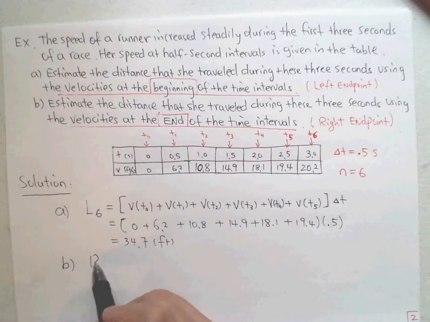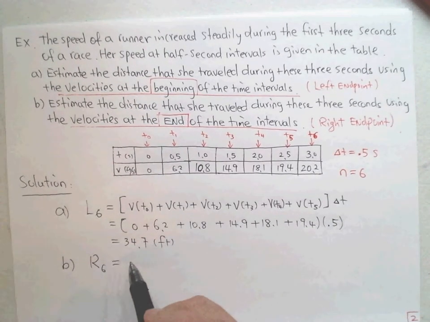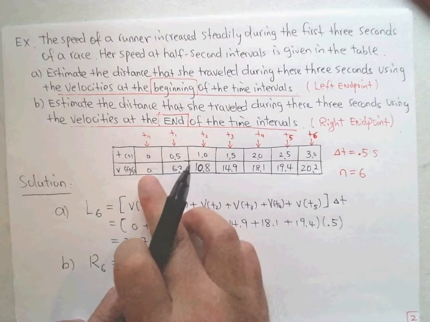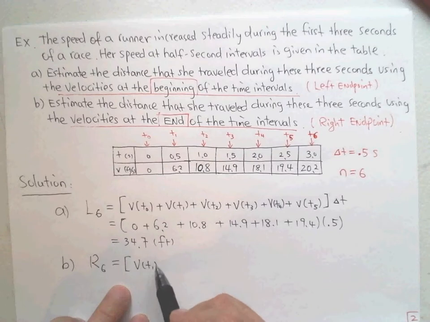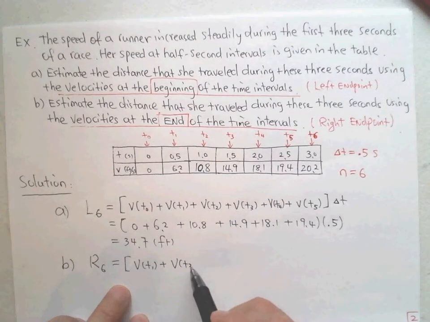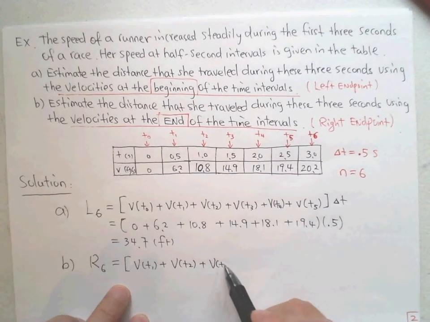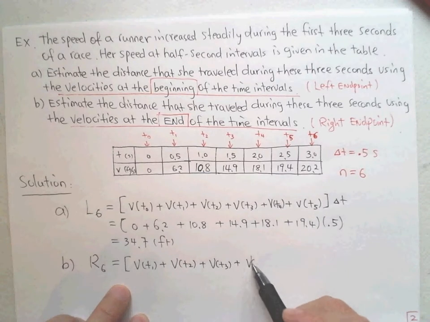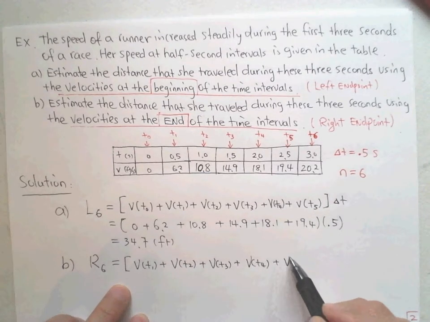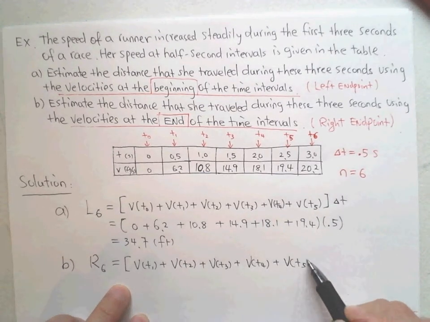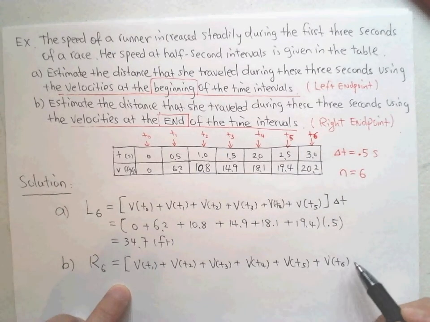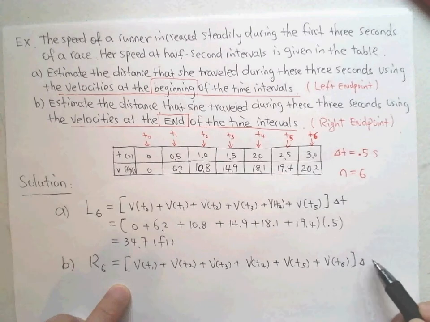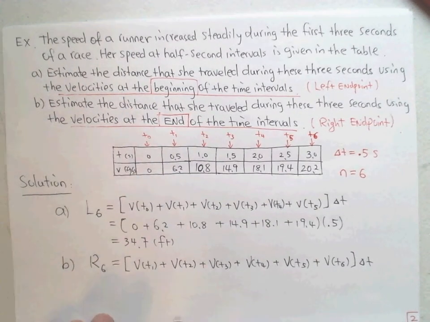Right endpoint is R6, and you know the formula is a little bit different. Don't use this, use the second one, because it's right. So it is V at T1 plus V at T2 plus V at T3 plus V at T4 plus V at T5 plus the last V at T6, and times delta t, and plug everything in.